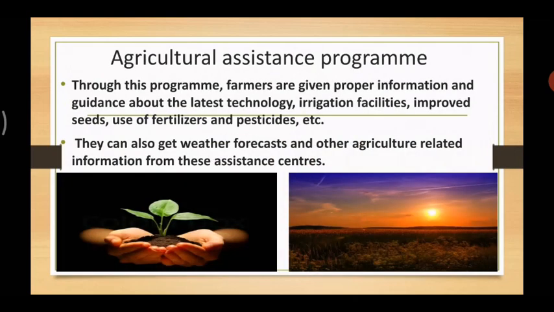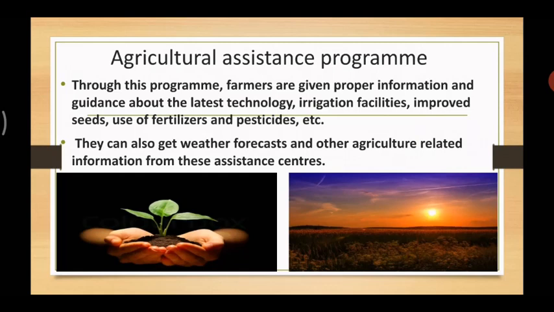Let's move forward. Next is the Agricultural Assistance Program. Through this program, farmers are given proper information and guidance about the latest technology, the improved technology of agriculture, the irrigation facilities, the improved seeds, and how they have to use them.